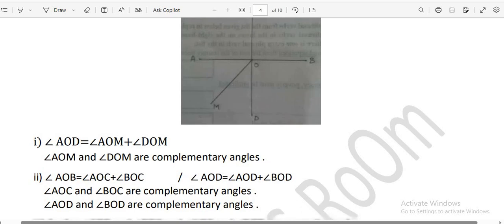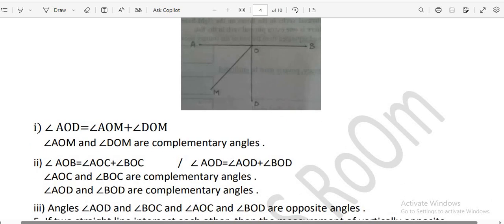Question number 2, solution. Supplementary angles can be defined as angles which sum up to 180 degrees.